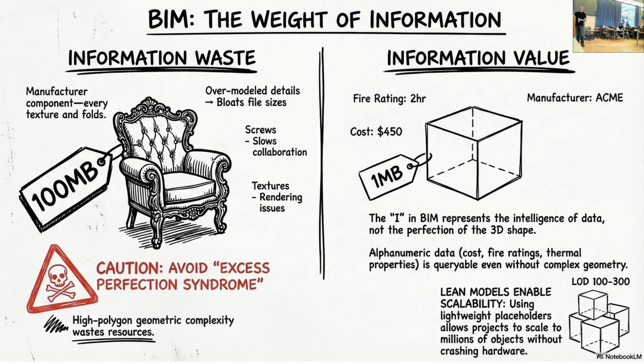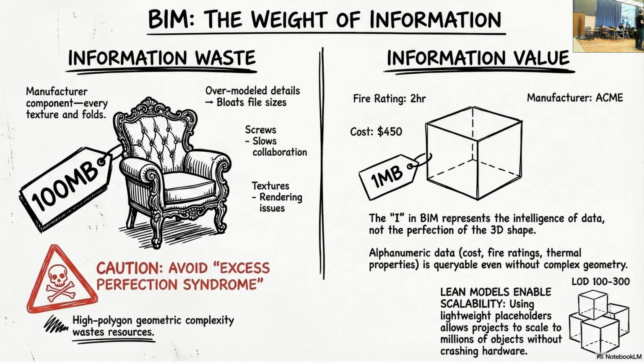Like this chair, it's 100 megabytes, of course, as I mentioned. Okay? It will make your project very difficult. You have over-modeled details. It loads the file size, the screws, the textures, so the collaboration suffers and causes rendering issues. Excess perfection syndrome, it's called.